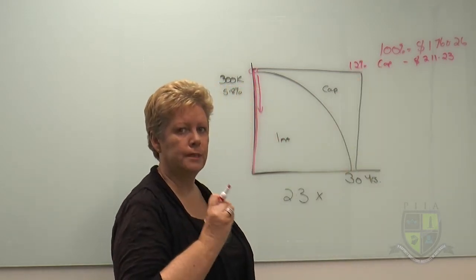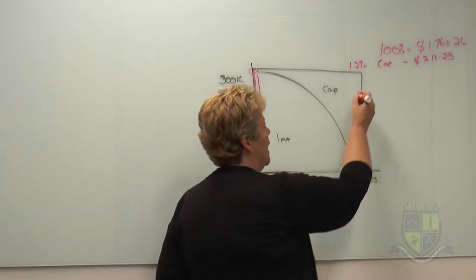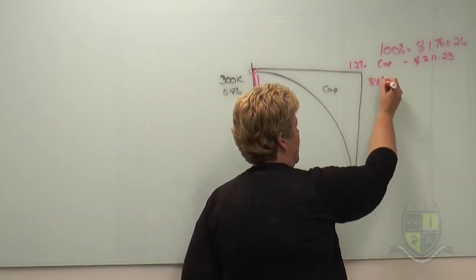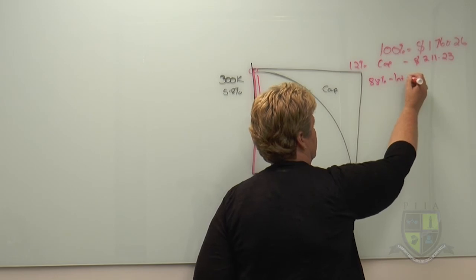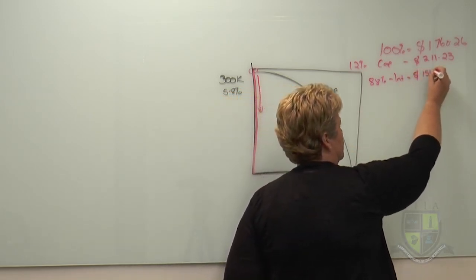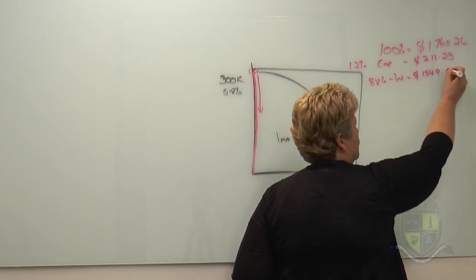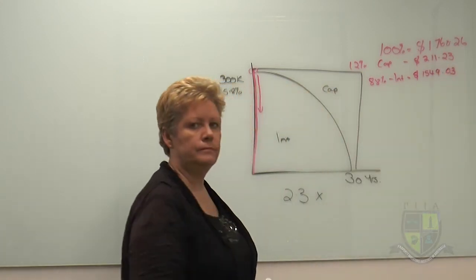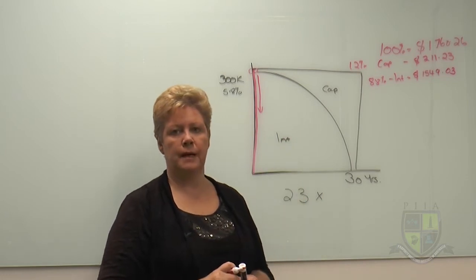So just 12% goes to capital. The other 88% of what I'm paying is going to go on interest, and that's a total of $1,549.03. So that's how my first payment is made up.